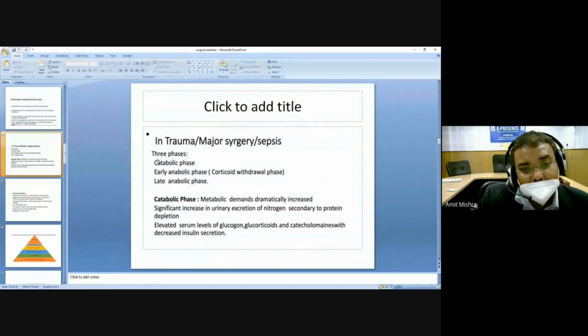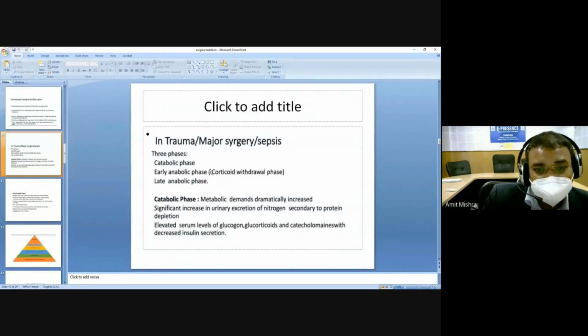Initially there is a catabolic phase, then an early anabolic phase, and then a late anabolic phase.